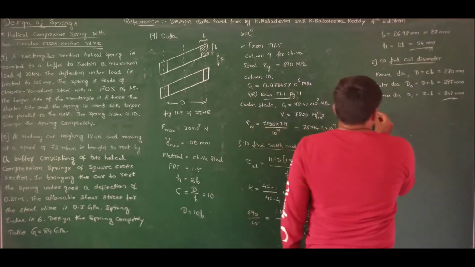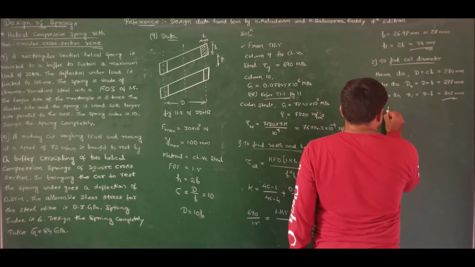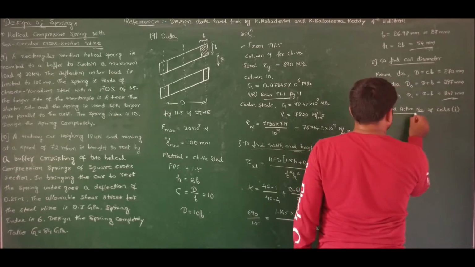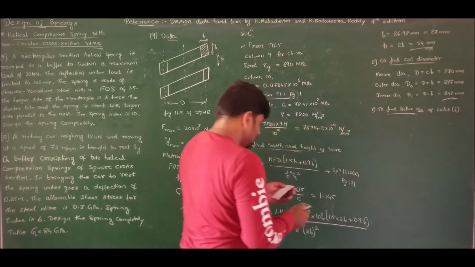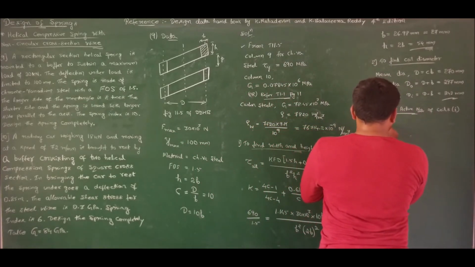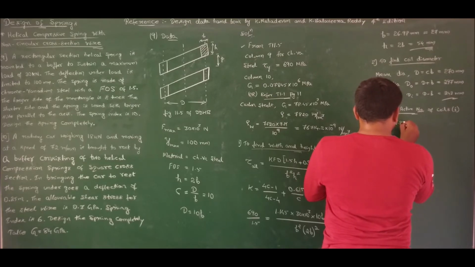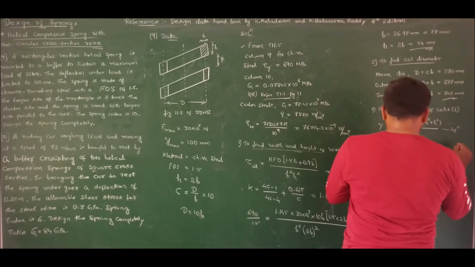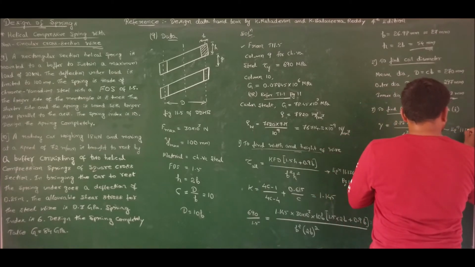Moving ahead to step 3, that is to find the number of turns. To find the active number of coils, that is the value of i, use the deflection equation for rectangular cross section, given by 11.13b, that is y is equal to 2.83 i F d cube into (d square plus h square) whole divided by b cube h cube G. This is equation 11.13b on page number 172.